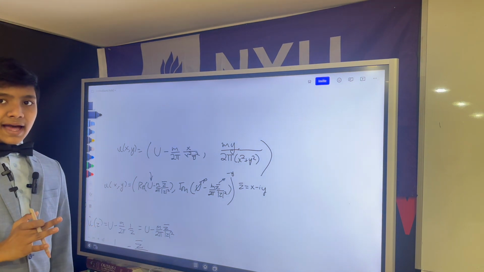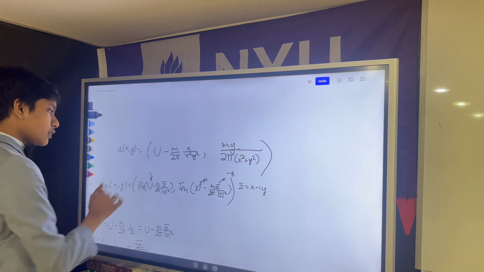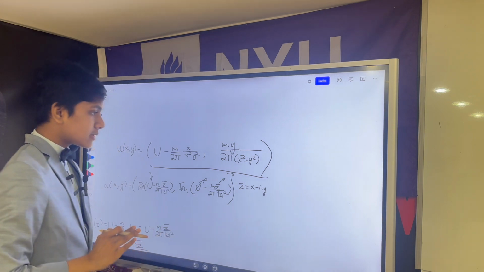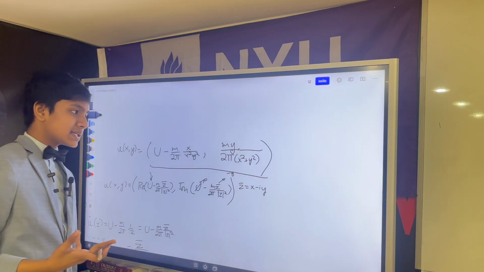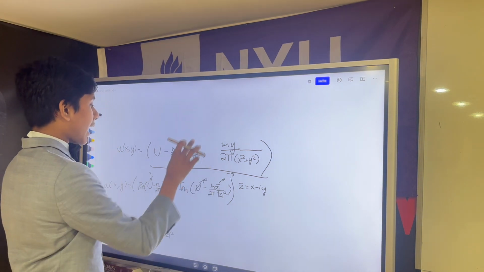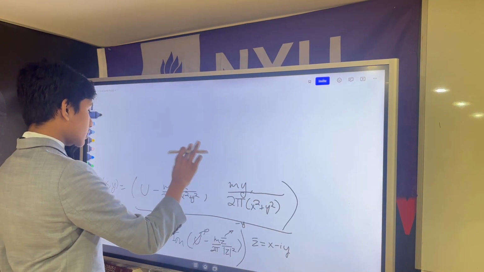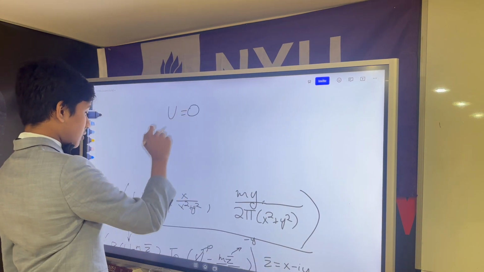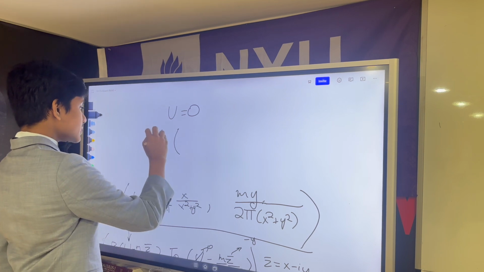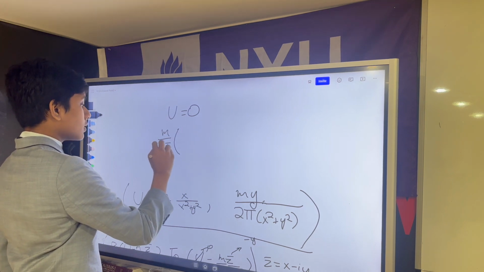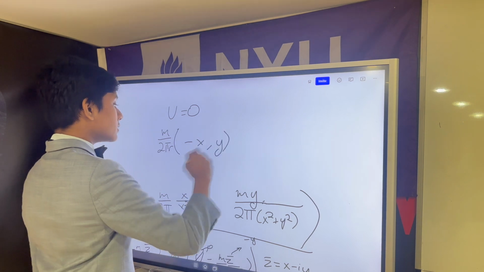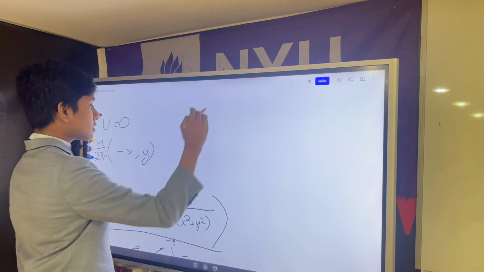Now, what do we do with that? Well, first, let's sketch this, because this is probably pretty interesting. Now, we already know how this is going to look on its own, right? If u is equal to 0, this is just m over 2 pi r minus xy. What does minus xy look like?